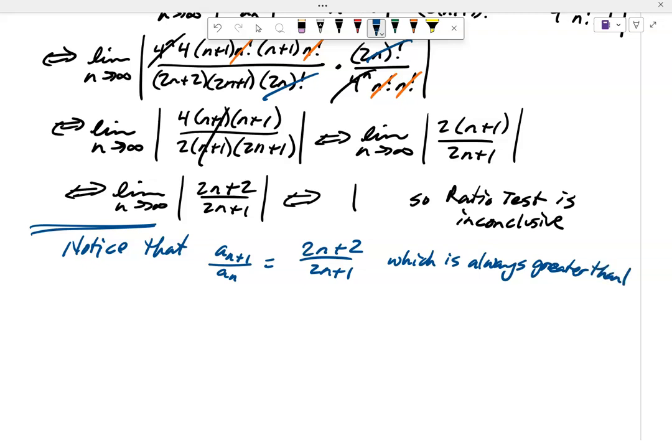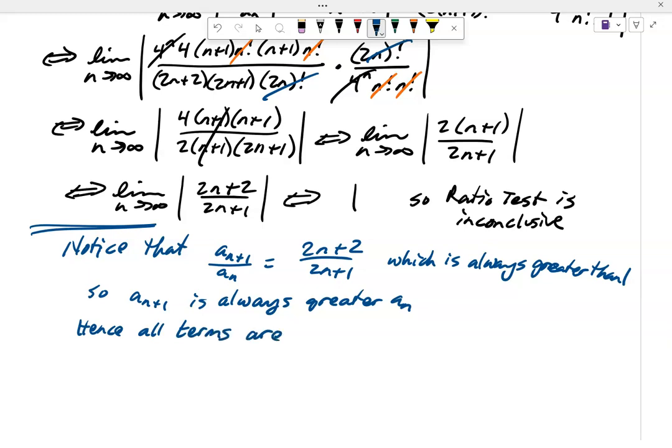You see how that ratio, regardless of what n is, the next term over its prior term is always greater than 1. So a_(n+1) is always greater than its previous term, right? So this is increasing.